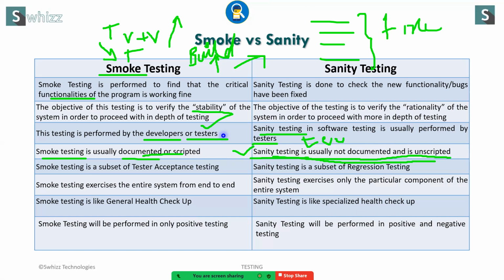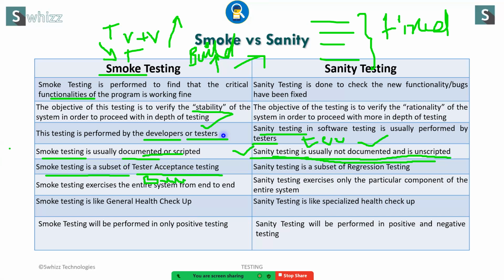So you do not document those sanity testing results in detail. Smoke testing is a subset of tester acceptance testing, or build acceptance testing. What do you call it? Build acceptance testing or tester acceptance testing.